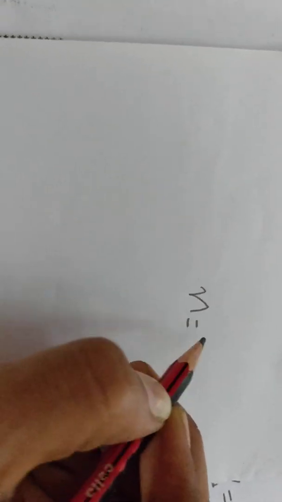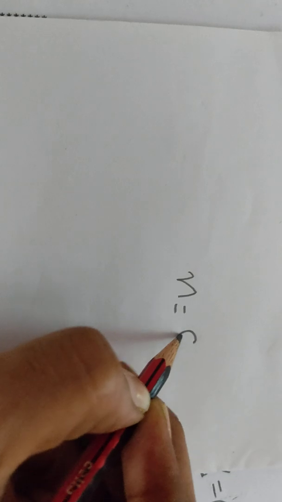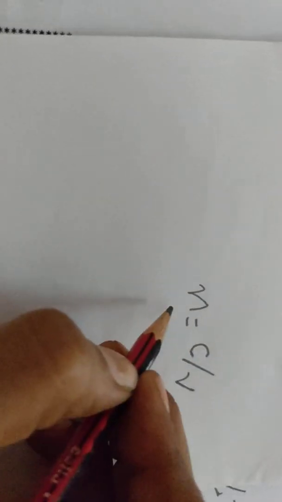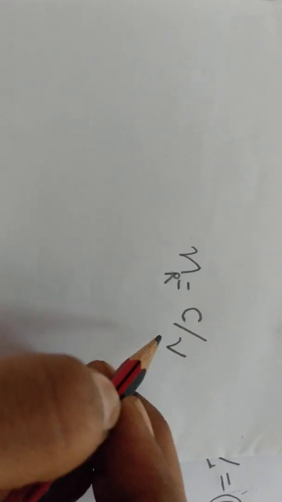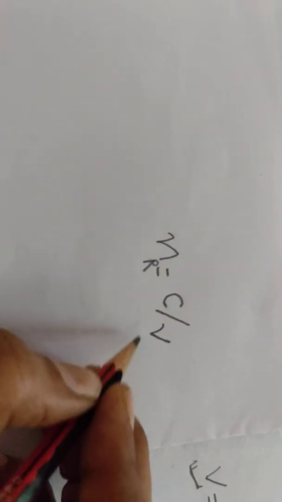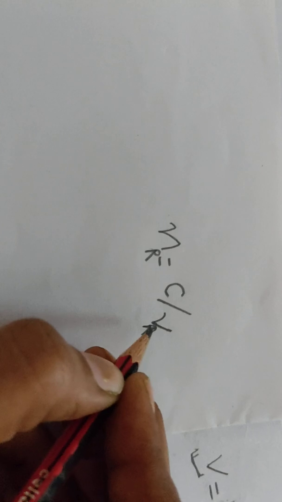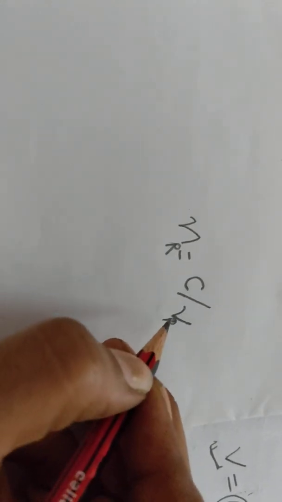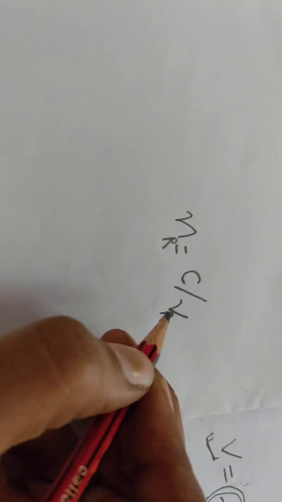Now you know students that one of the relations for refractive index is this. Suppose refractive index for red color for the same given pair of media is n_R = c/v_R, where c is speed of light in vacuum and v_R is speed of red light in glass.